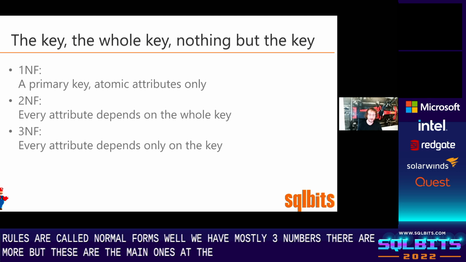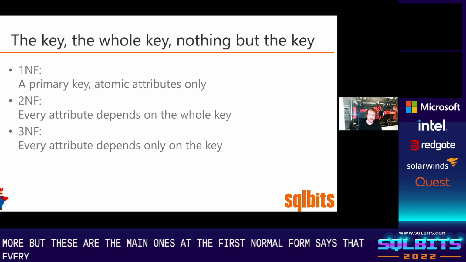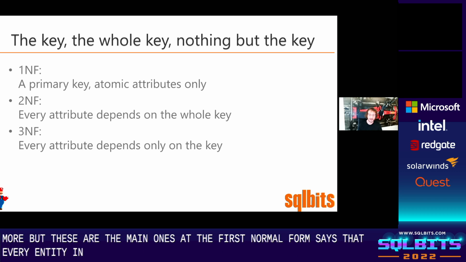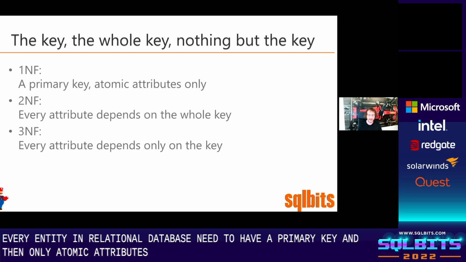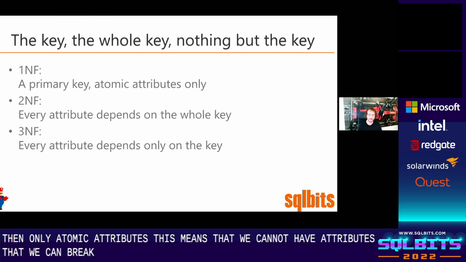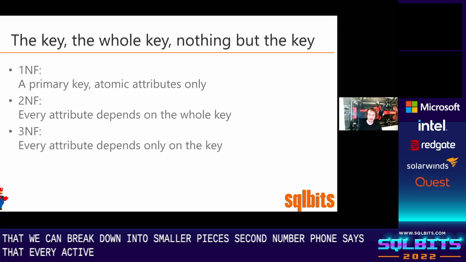The first normal form says that every entity in a relational database needs to have a primary key and only atomic attributes. So this means that we cannot have attributes that we can break down into smaller pieces. Second normal form says that every attribute depends on the whole key.